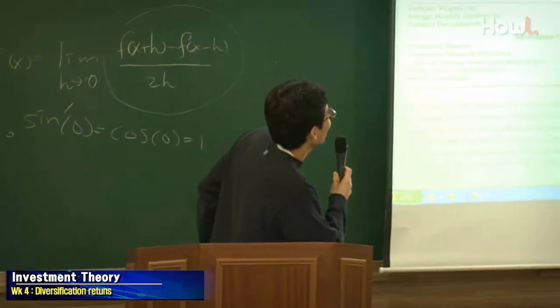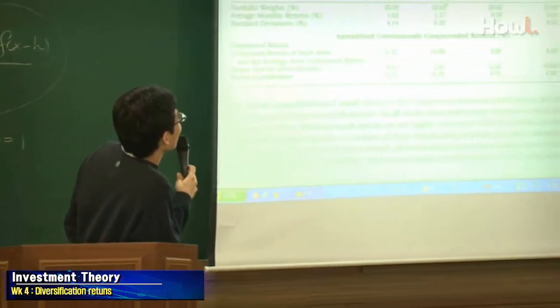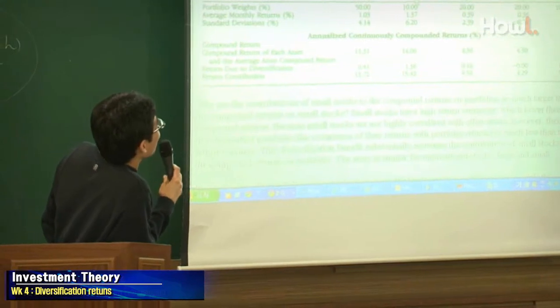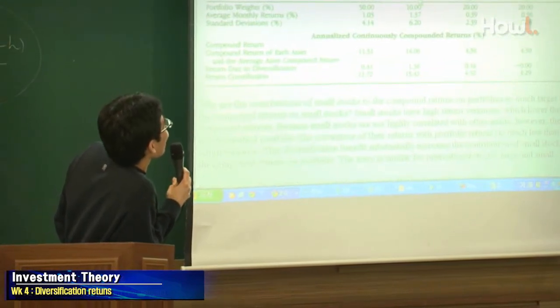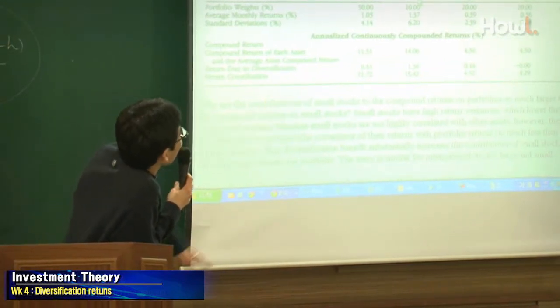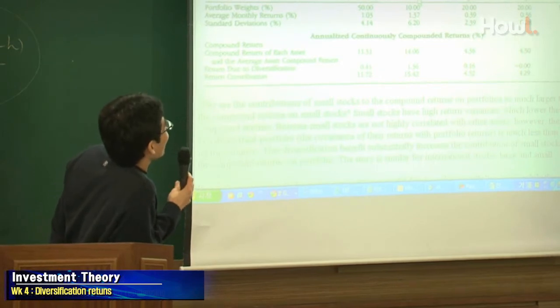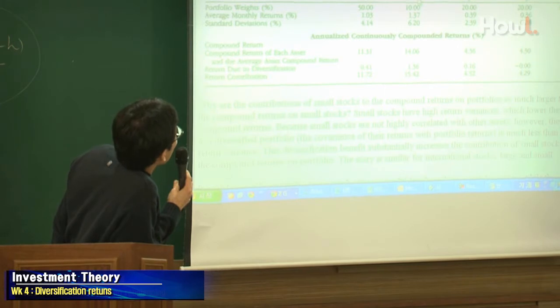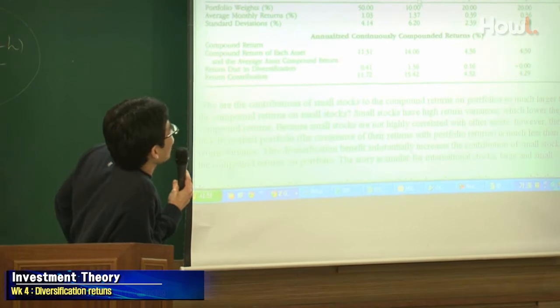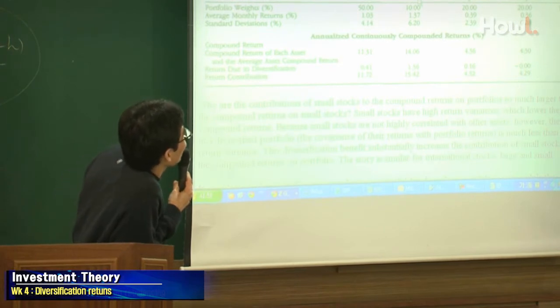Okay. And the 20-year treasury bond, 20%, and 1 month treasury bills. So we have cash, 1 month treasury bills, and we can have the long-term bond. So we have a portfolio of 50% large stock, 10% small stock, 20% long-term bond, and 20% cash.